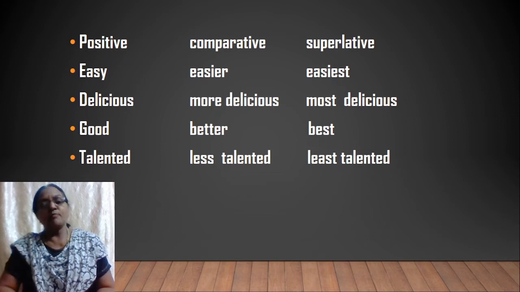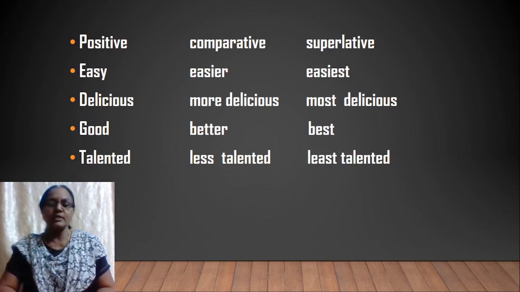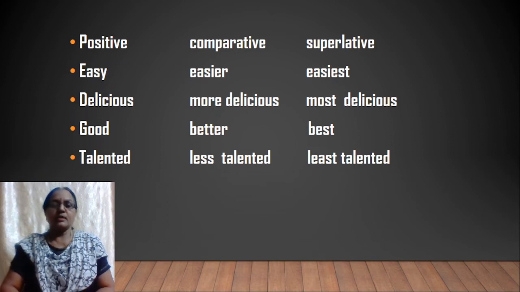Here we have more and most. Similarly, good doesn't follow the pattern. We have better and best for comparative and superlative degrees. And talented, we have less and least. I think, children, you have understood this.